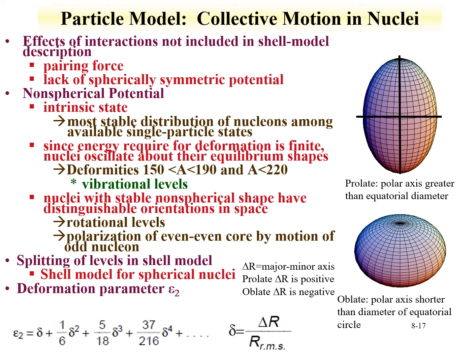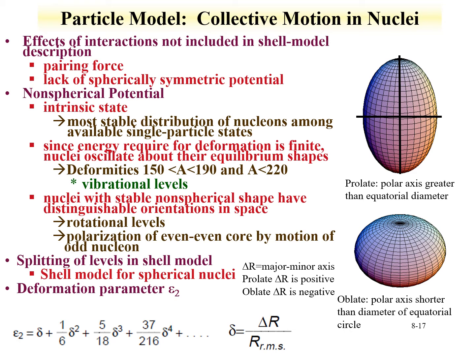We can use that to define the deformation parameter. There's a term shown here, an expansion of this delta term. The delta term is nothing more than the difference between the axes divided by the root mean square of the axes.